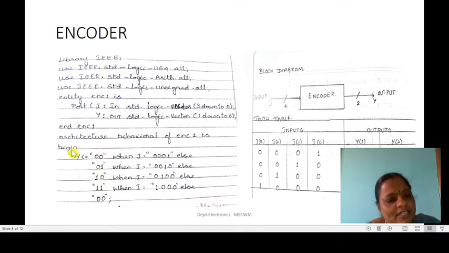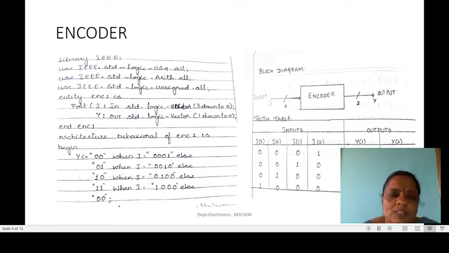And using the conditional statement, we can write the encoder program also. Here this is a 4 into 2 encoder program. But my dear students, in this program, something is wrong. You have to find out what the mistake in the program is, and say whether this program is correct and whether it is going to execute or not.